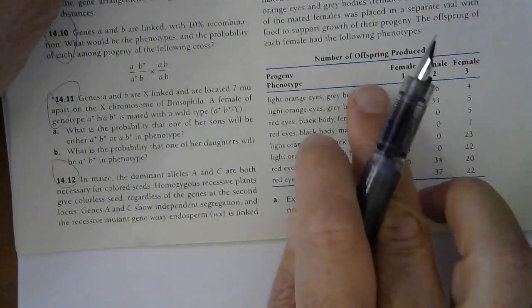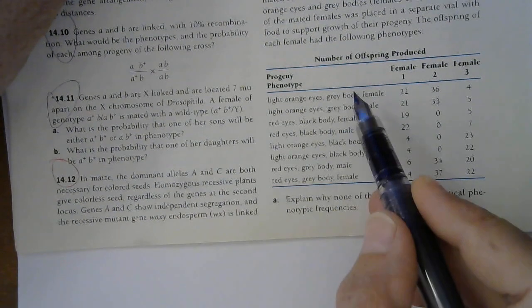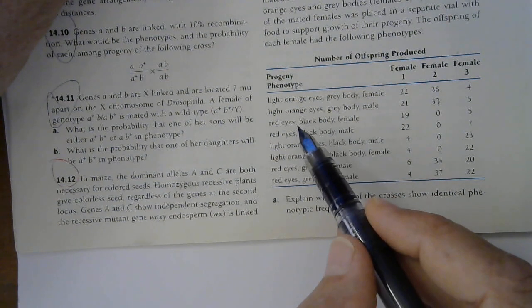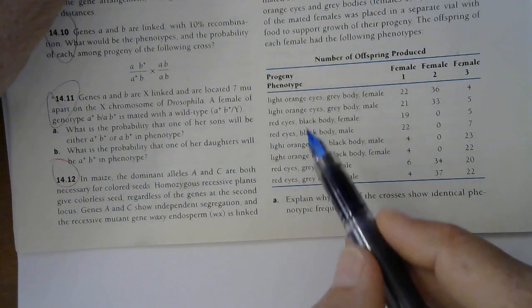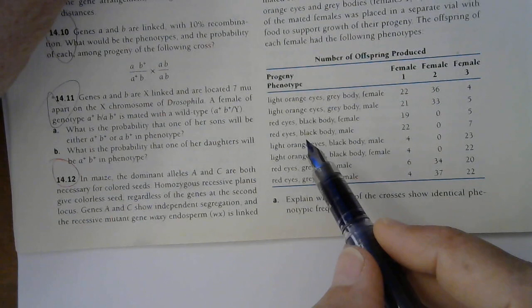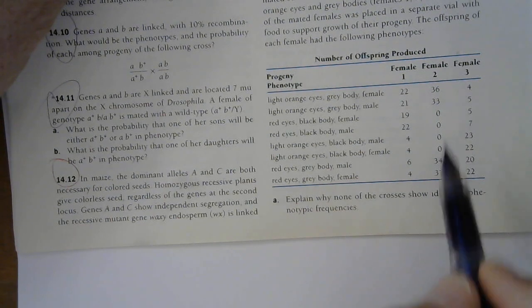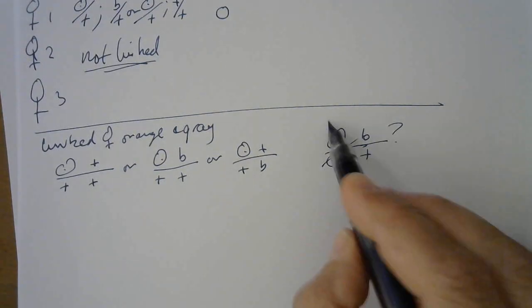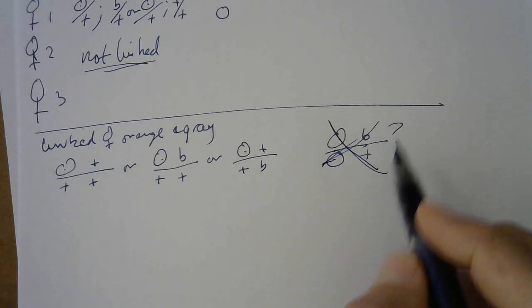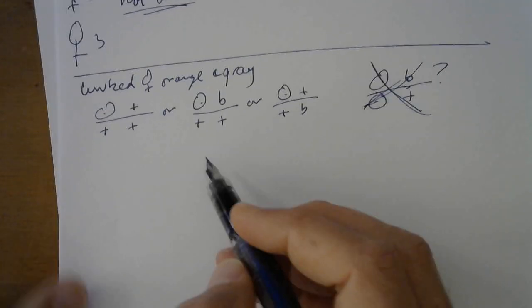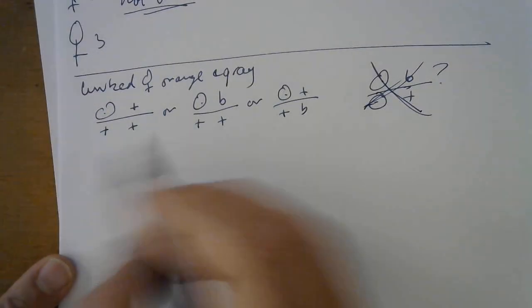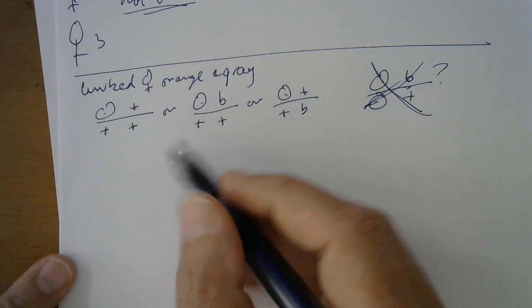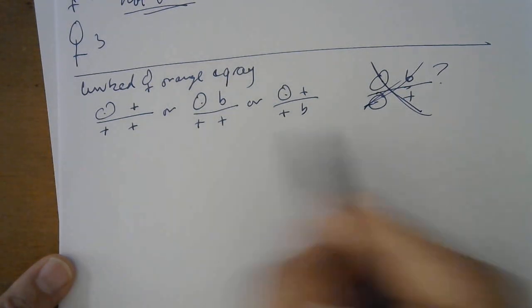And we see that we have orange, red, orange, red, orange, red in the frequency. So we can rule that out, and that would seem to be unlikely. Okay, so these are the three possible females of this genotype.